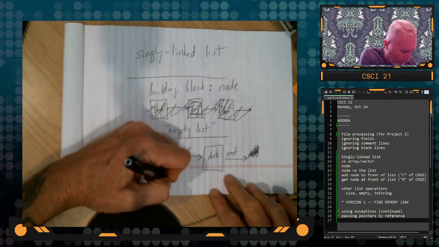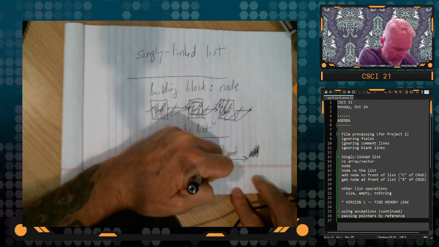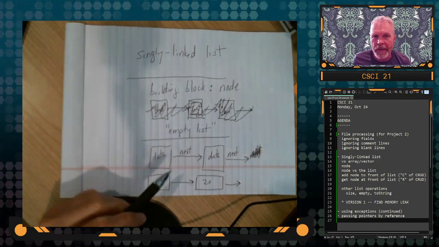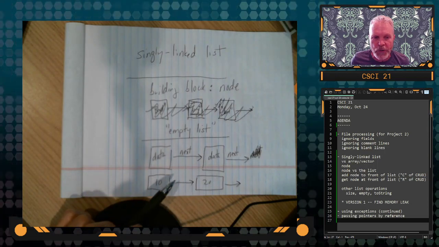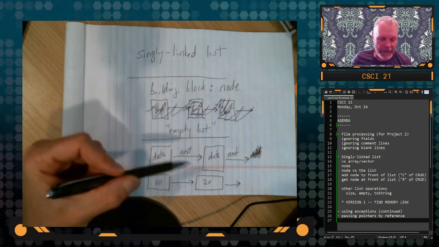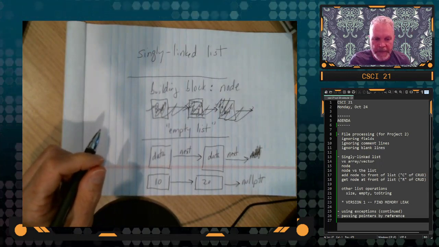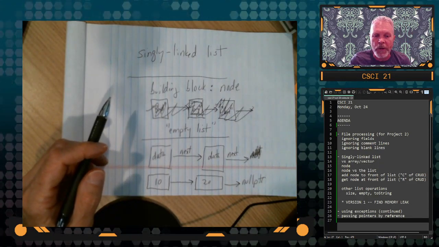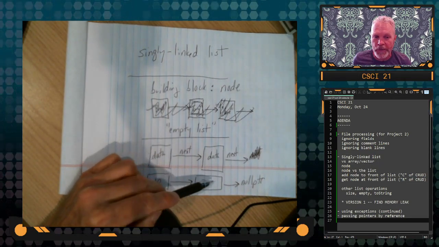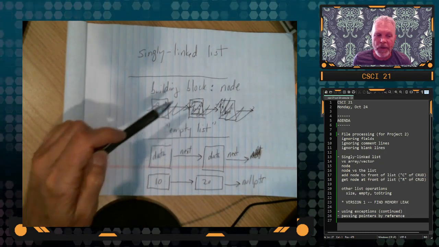So let's go build one real quick. I'm going to put just 10 in one of them, and then I'm going to connect it to another one that has 20 in it. And then the last thing I will do is the last link in the chain that's a singly linked list will have no neighbor, and we will use the C++ null pointer syntax to annotate or code the fact that this node has no neighbor on it.